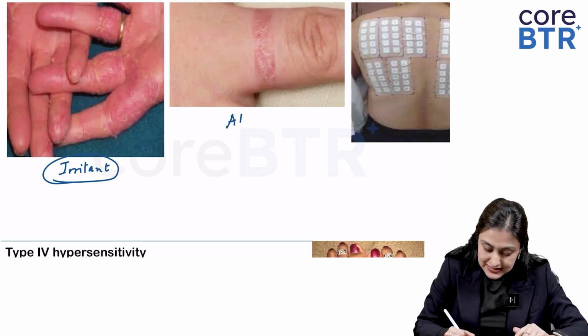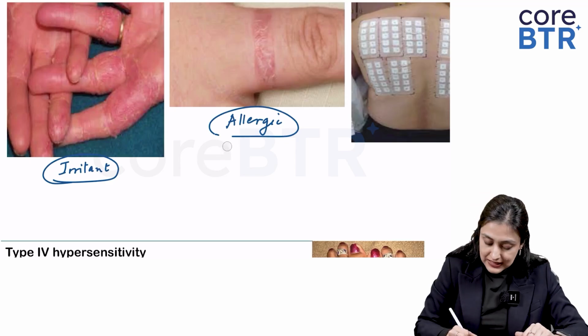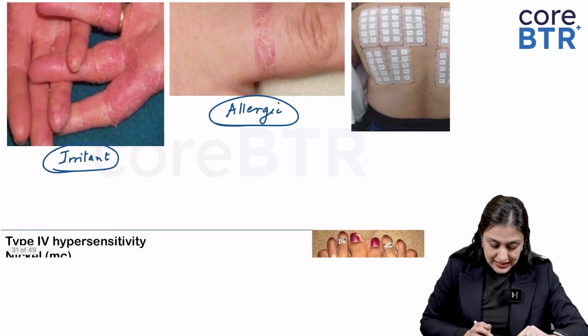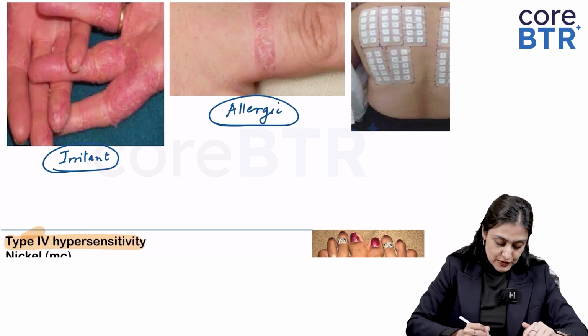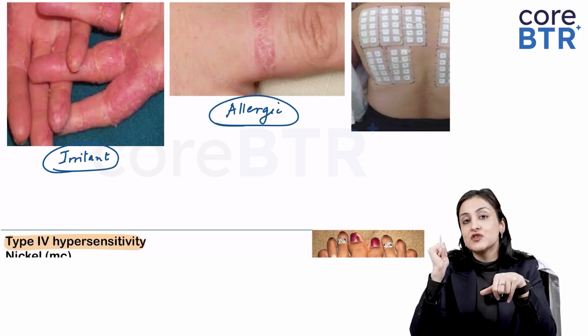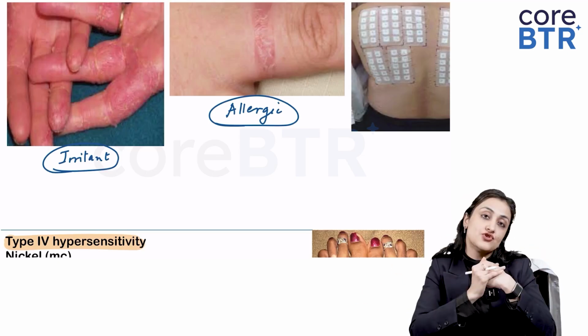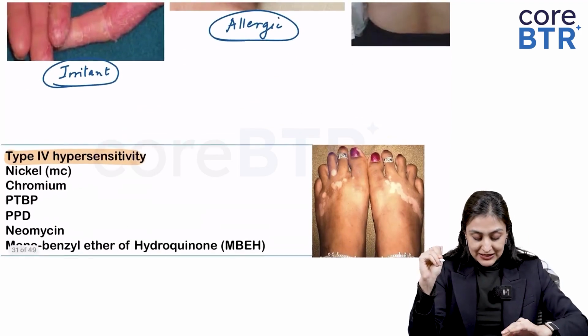But allergic contact dermatitis means this is a type 4 hypersensitivity. This will only happen in those who are predisposed. If all of us wear an artificial ring with nickel, all of us are not going to have this, but only ones who are allergic is going to have it, right? So that's allergic contact dermatitis.